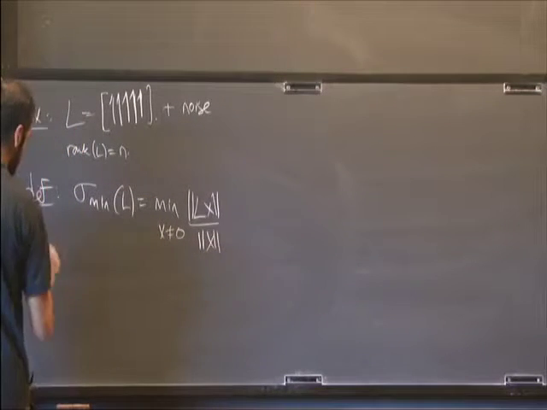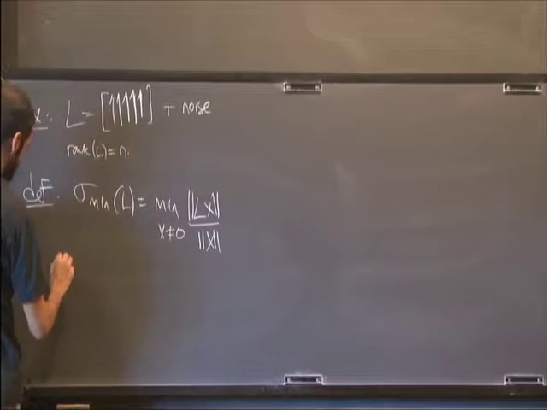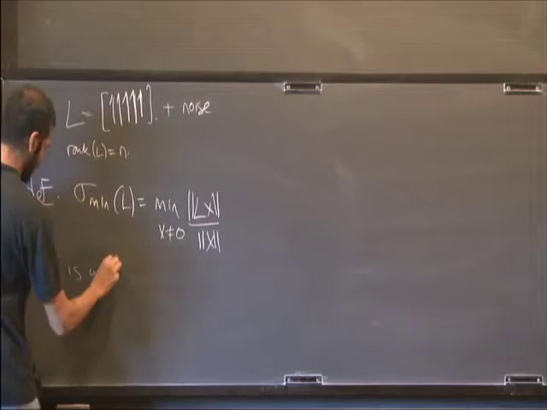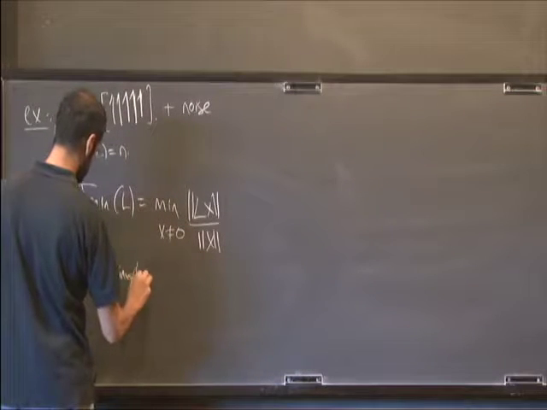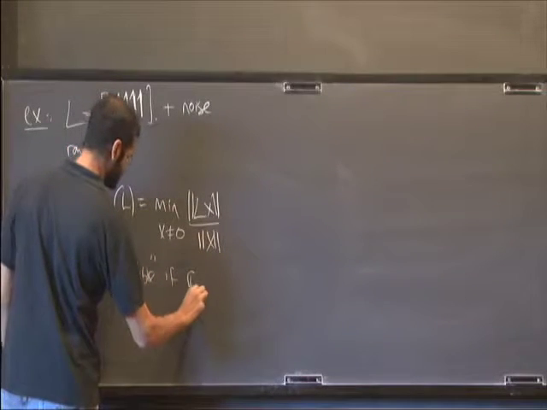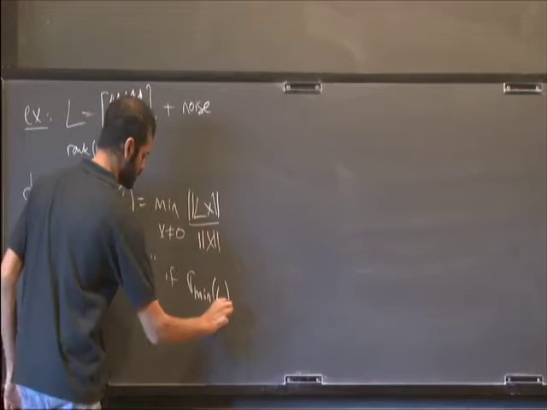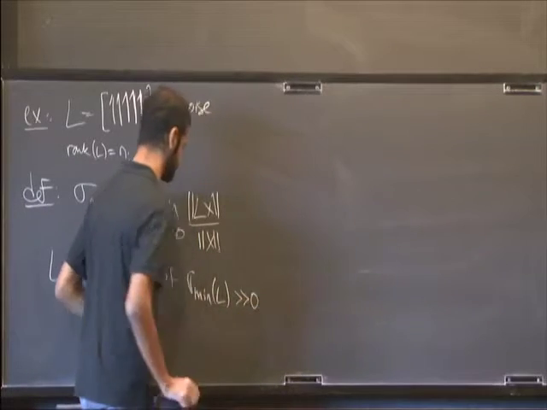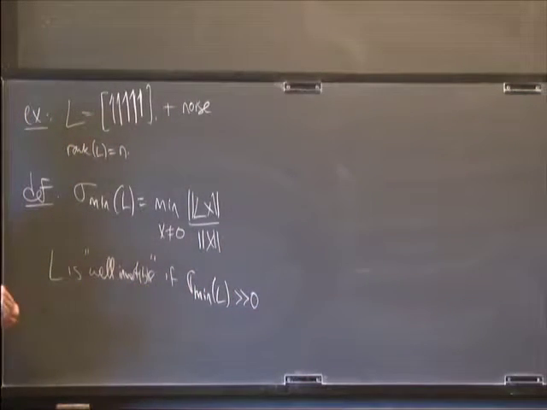We say that L is well invertible if its least singular value is bounded away from 0, bigger than some absolute constant, let's say. So this thing is far from being singular.